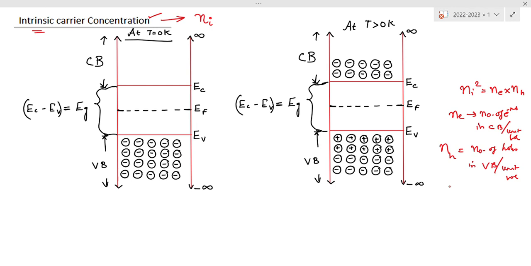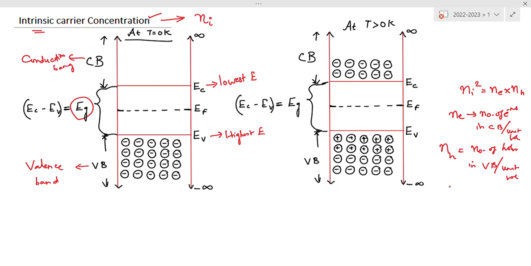Now the two diagrams have been taken here, the energy band diagram. Here Vb denotes valence band and Cb denotes the conduction band. Eg is the forbidden energy gap and Ec is the lowest energy level of the conduction band and Ev is the highest energy level of the valence band.